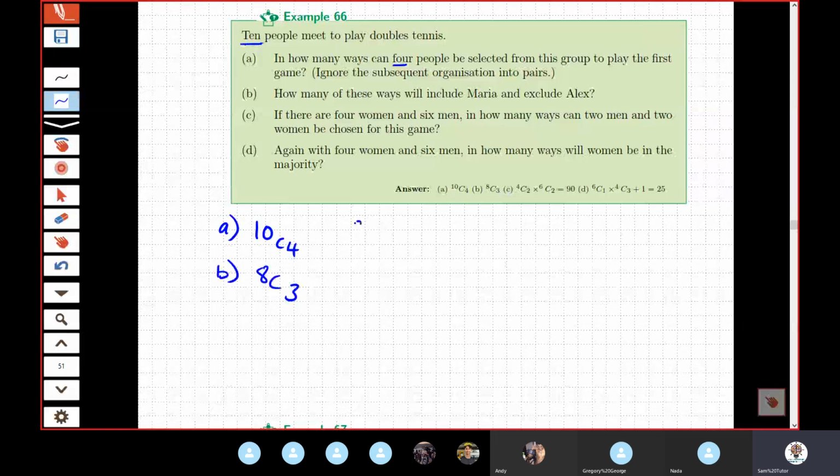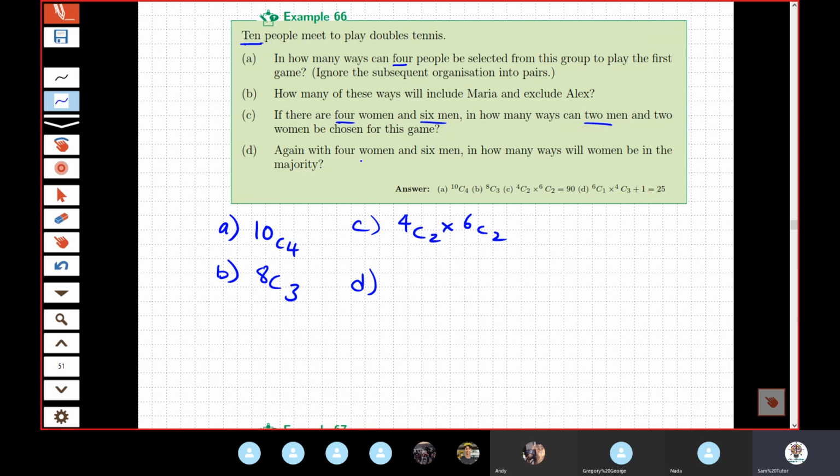Looks good. C. If there are 4 women and 6 men, in how many ways can 2 and 2 be chosen for this game? That's going to be 4 choose 2 times 6 choose 2. And D. Again, with 4 women and 6 men, in how many ways will women be in the majority?